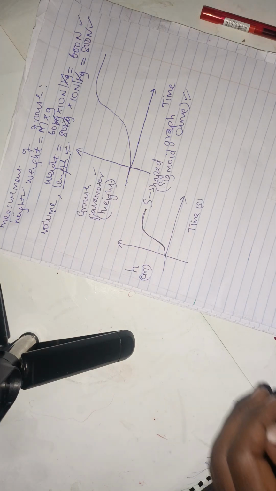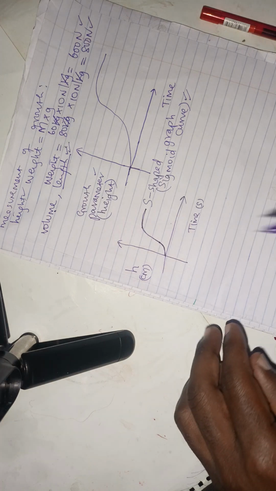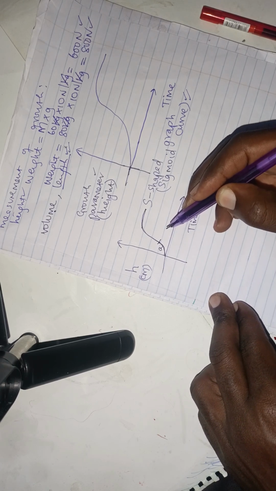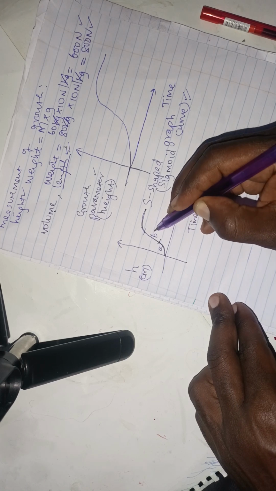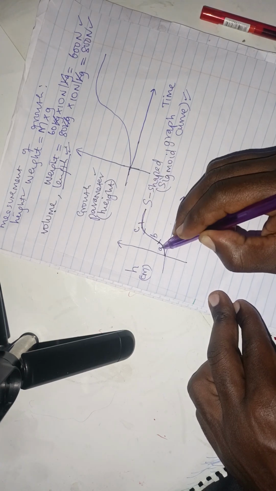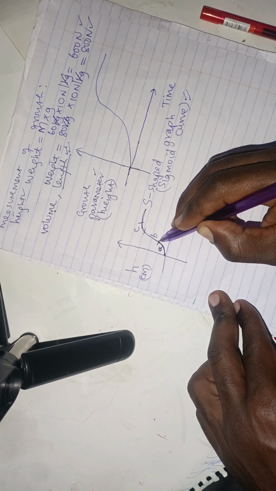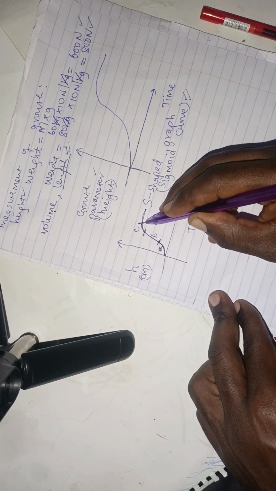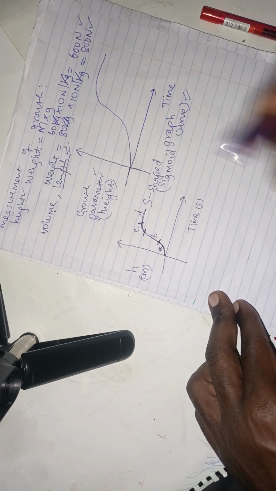Now, we'll realize that the sigmoid curve can be divided into four very important parts. We'll have this part, then this part, and this part. So we have part A, where growth is slowly increasing, where the growth speedily increases, where the growth slowly begins to slow down, and lastly, when growth has almost stopped.